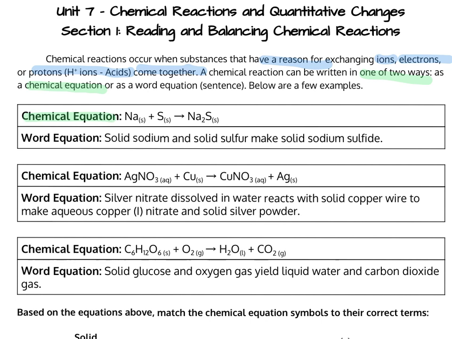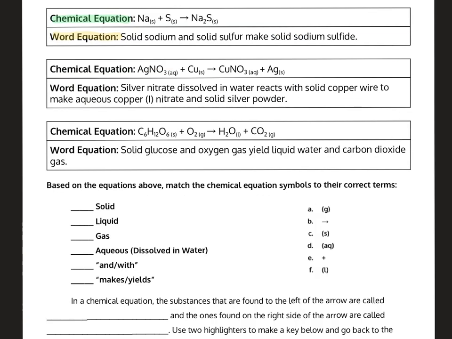We have seen a chemical equation before, or it can be something more like a word equation, which is a sentence. We haven't really written these before, but we've practiced naming, and this is a really good way to incorporate the naming that we used last semester.